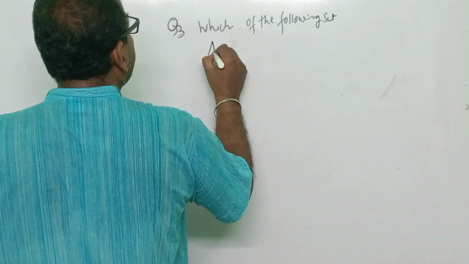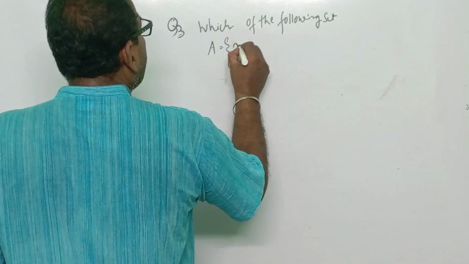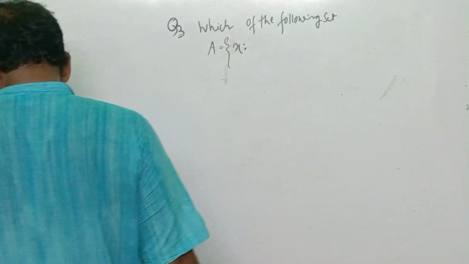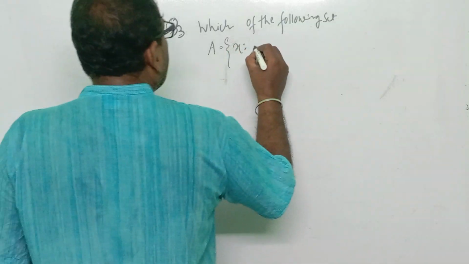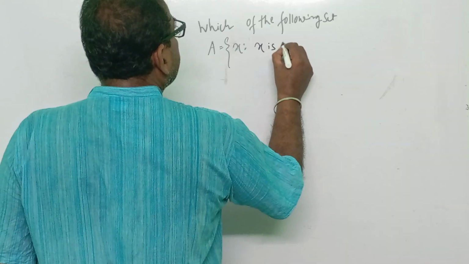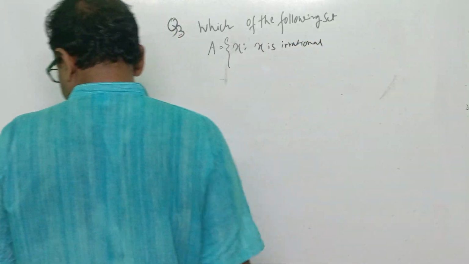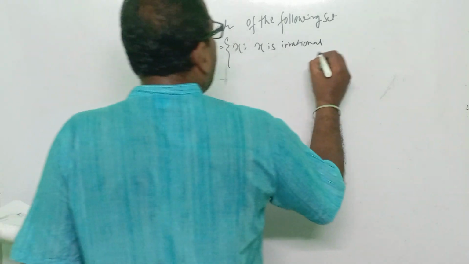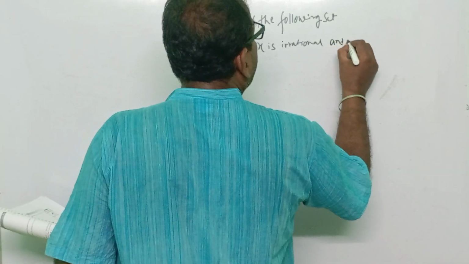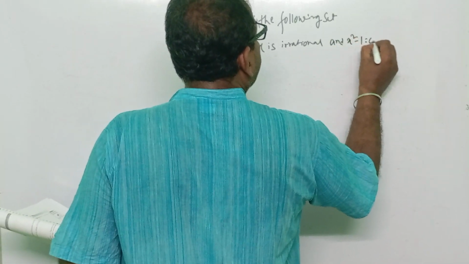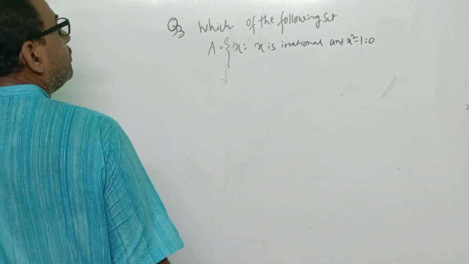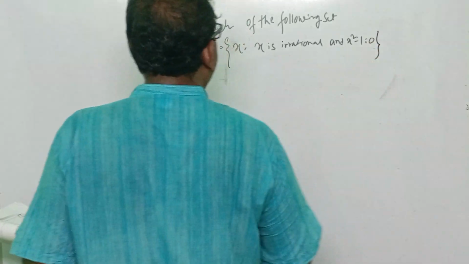Two sets are given. A is the set where x is an element, x is irrational, and x square minus 1 is equal to 0. Clear?